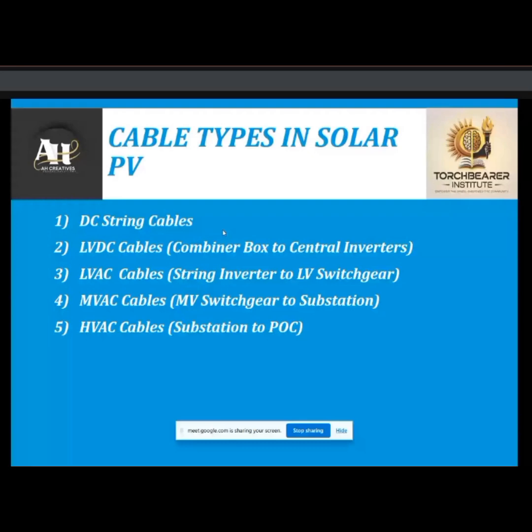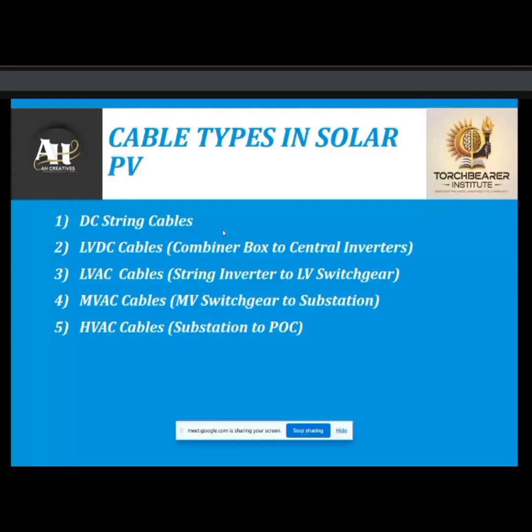The other one is the LVDC cables, which connect the combiner boxes to the central inverter. There are basically two kinds of inverters. In the previous webinar we explained these inverters, central and string inverter.